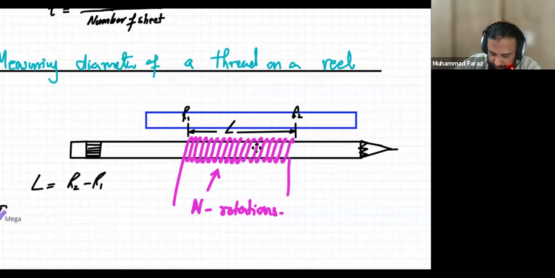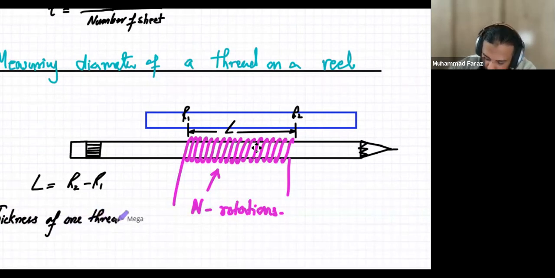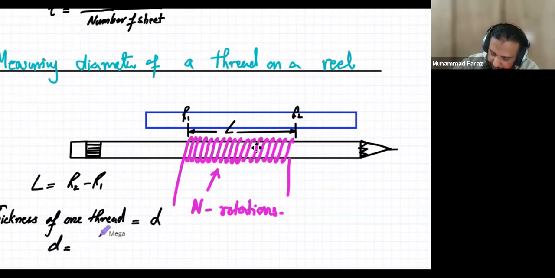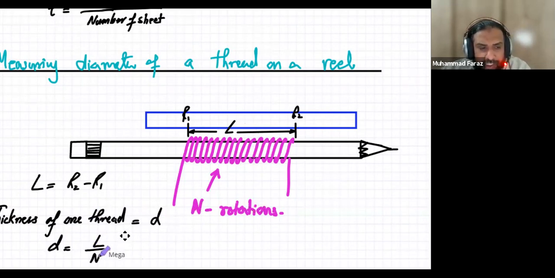The thickness of one thread equals D, and D will be L divided by N. So we measure this length and divide it by the number of rotations, and we will have the thickness of a single thread.